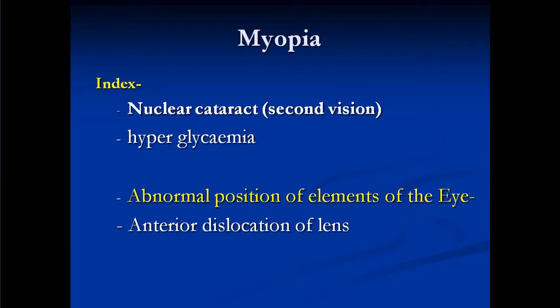Similarly, in hyperglycemia, in diabetic patients, whenever the sugar levels are not under control, there may be a temporary shift to myopia, and abnormal position of the elements of the eye, wherein there is anterior dislocation of the lens.